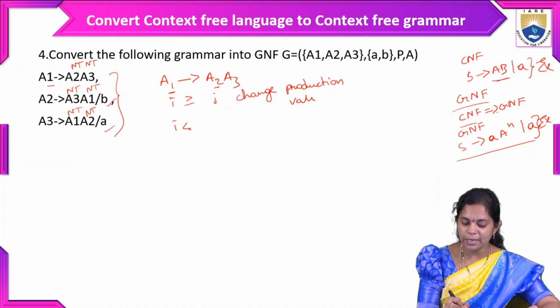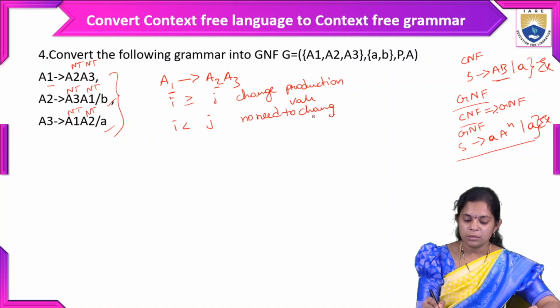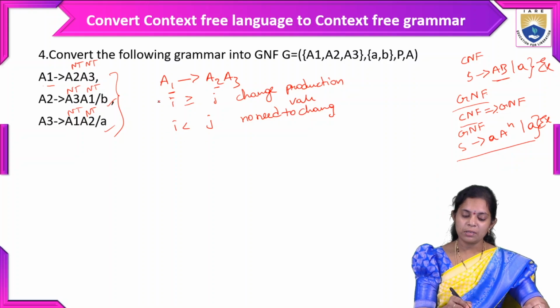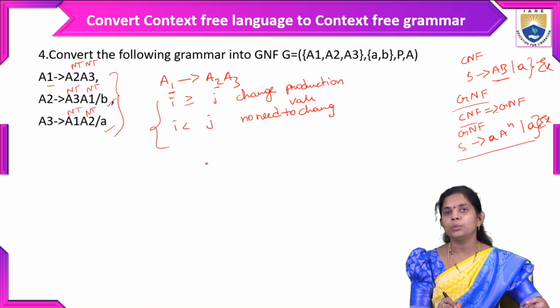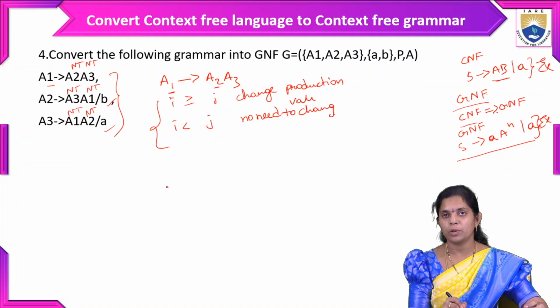And if I is less than or equal to J, no need to change. We will apply this to every production rule of the grammar.